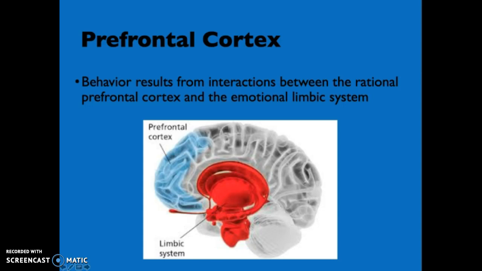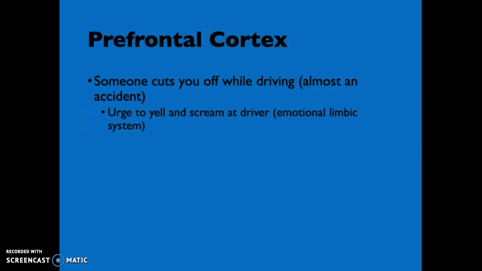We have our relationships between the prefrontal cortex and the limbic system, and our behaviors that are a result of the interactions between both our prefrontal cortex and our limbic system. So let's say you are driving to school and someone cuts you off. It's almost an accident, your heart is racing, but thankfully you are fine and your vehicle and the other vehicle is fine.